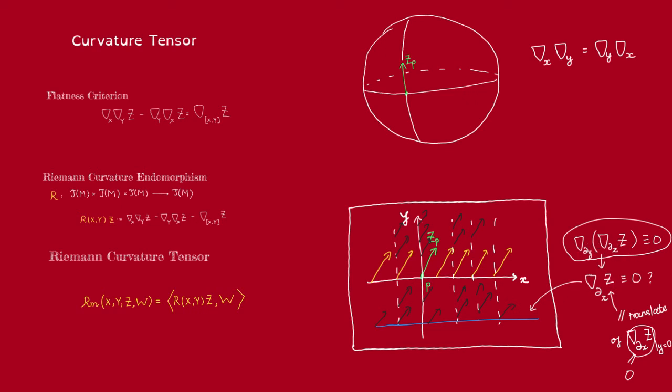And indeed it is. A special property of the Euclidean plane is that it has the following commutativity. And we know this is 0 because z was parallel in each of these vertical directions. So this is indeed 0. Thus our idea is as follows.